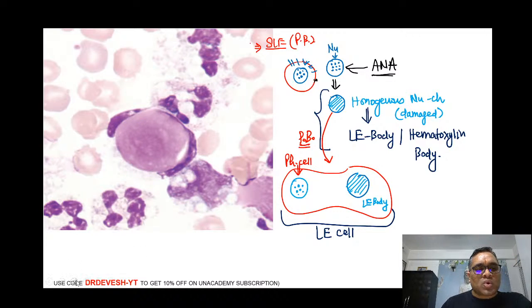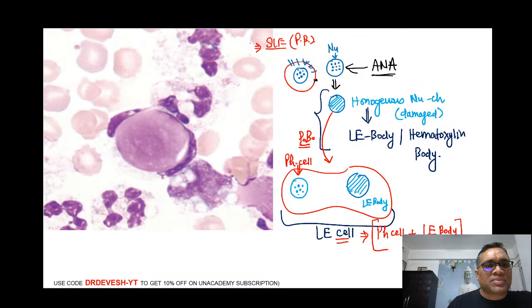An LE cell is a phagocytic cell consisting of an LE body. So a phagocytic cell along with the LE body is called an LE cell. So this is the same thing.